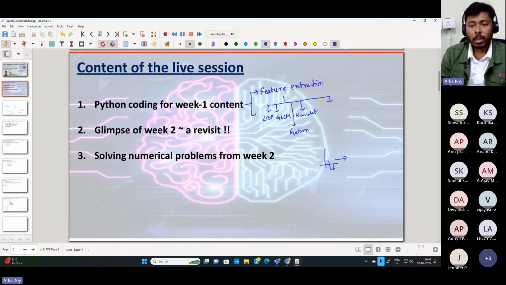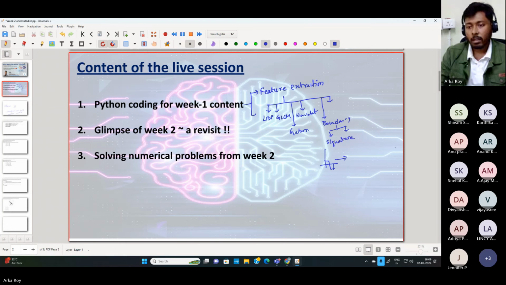And apart from all these, we have also seen other descriptors such as boundary descriptors. Over there, we had also talked about, for example, signature.